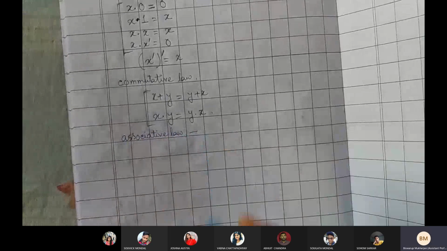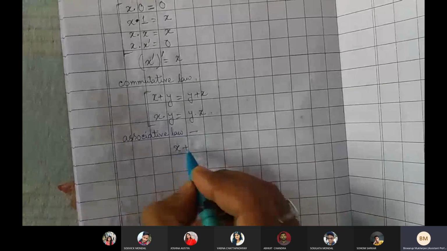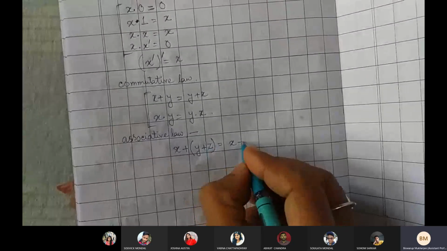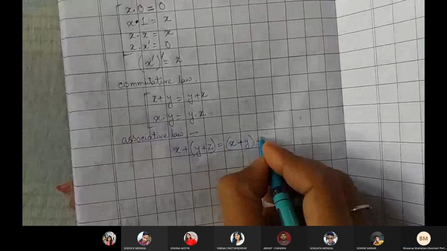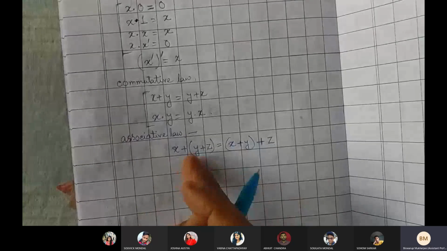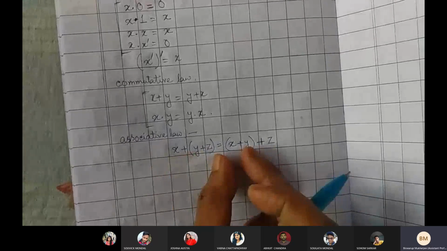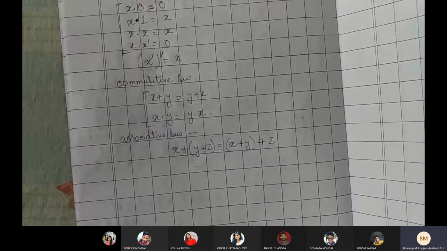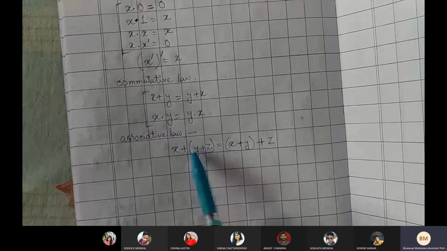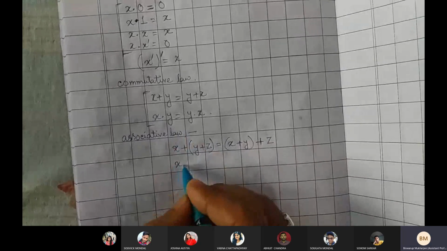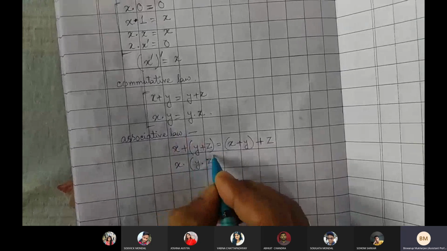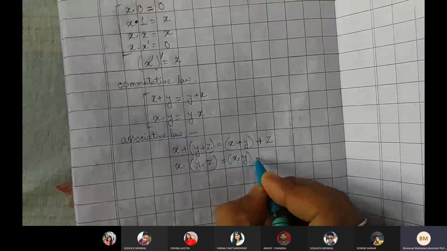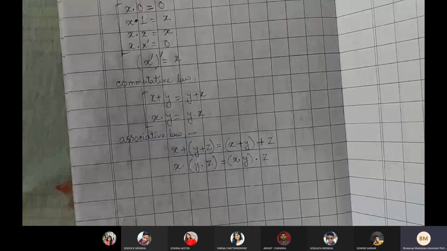So we are having x plus y plus z is equal to x plus y plus z, right? So we can just remove the bracket and club the bracket in between x plus y. If the operator is remaining the same, we can just change the bracket position. Similarly, x dot y dot z can also be written as x dot y bracket dot z, right?